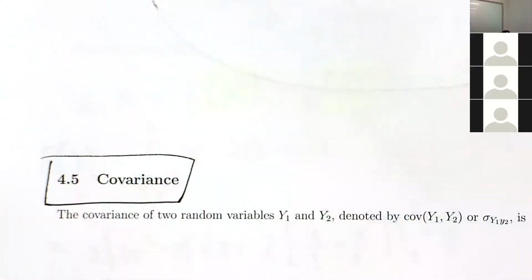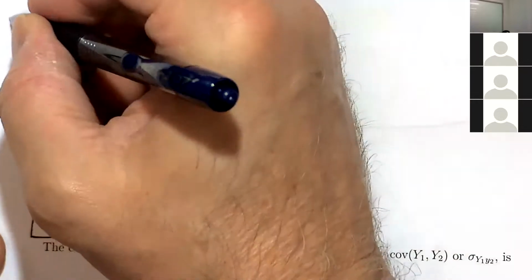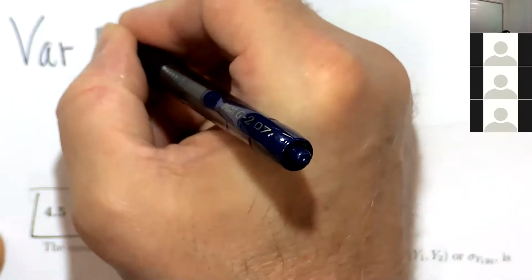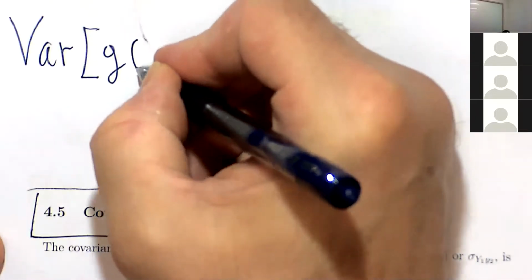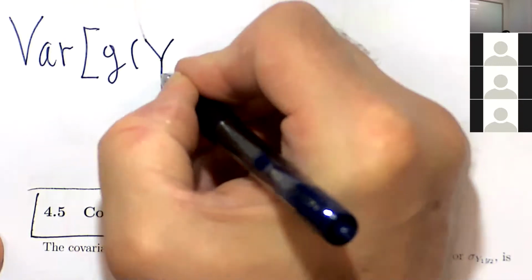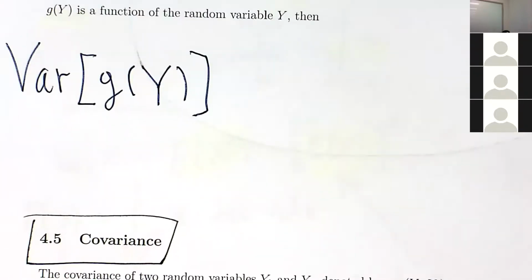Let me just finish, just 1 minute and we will finish. The variance of a function of a random variable. This is just the generalization of the variance formula. So variance of some function g of your random variable, and the question is how to evaluate it.